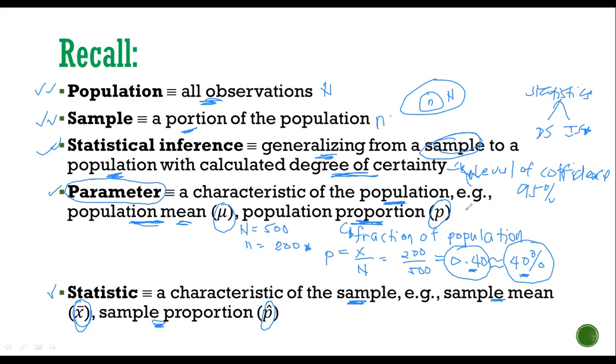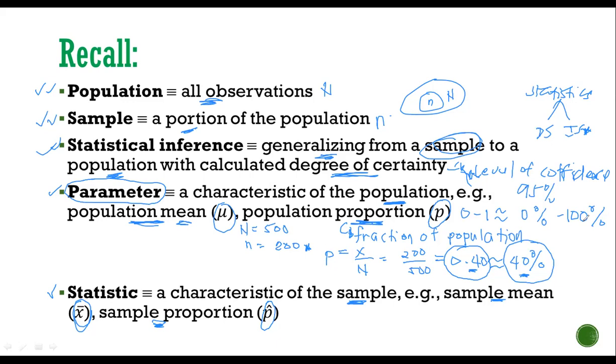And further, your proportion only ranges from 0 to 1. Kasi nga decimal value, 0 to 1 lang yan. Or in percentage, it only ranges from 0% to 100%. Yun na yung ating borderline when we say it's population proportion. Okay?